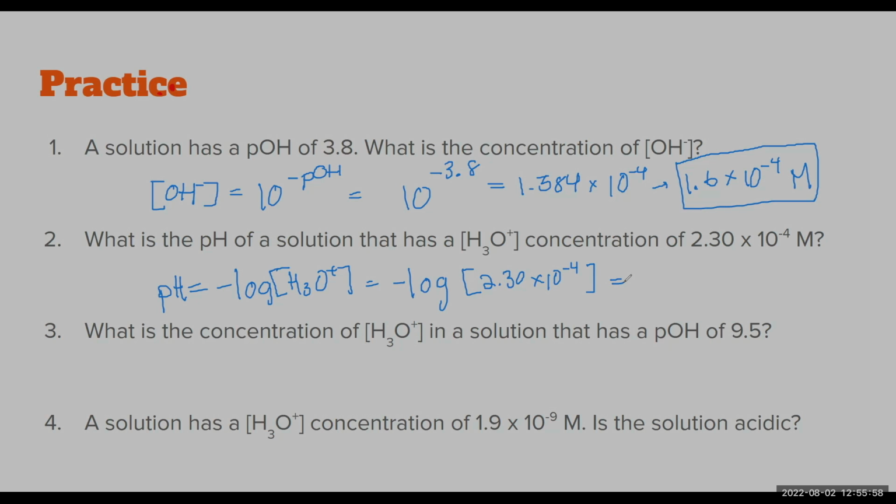And I am getting an answer of about 3.63. 3.638, taking into account sig figs, probably around 3.64. And it makes sense because our pHs pretty much should always be between 1 and 14. 3.64 is between 1 and 14.